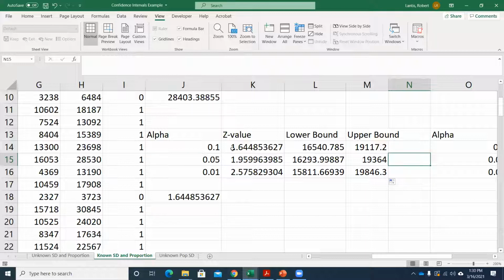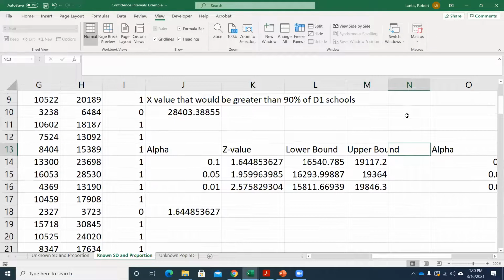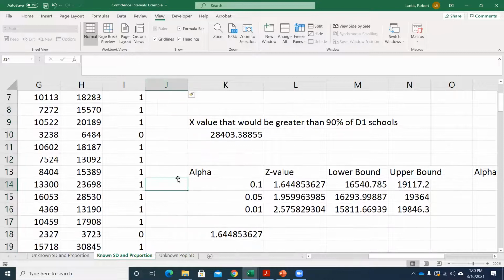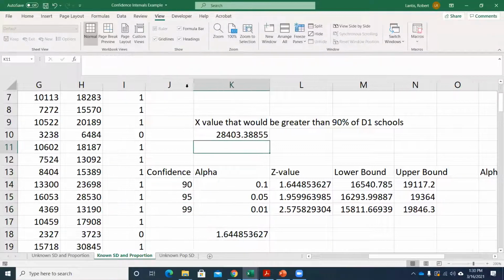So with 90% confidence, right? I'll just insert a column here. So if we think about what levels of confidence these correspond to, 90, 95, and 99, let's say I'm thinking about a value like, with 90% confidence here, I can say that the true population mean is not 19,500, right?